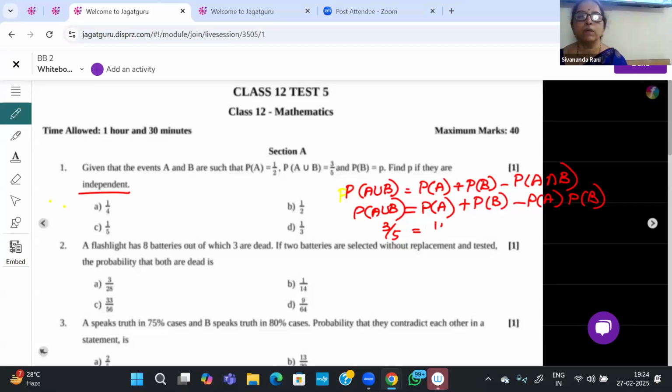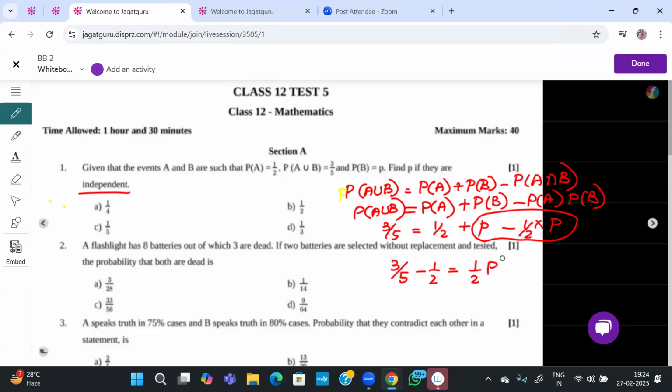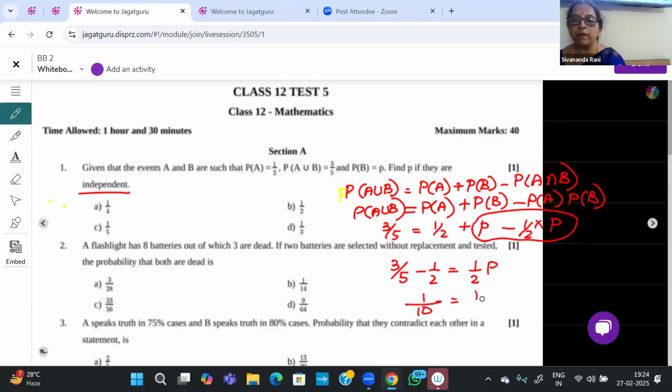So half plus P minus half into P. Let me bring half to this side. What is P minus half P? From one chocolate, I've taken half the chocolate. So that is 1 by 5. Take 10 as LCM, cross multiply: 6 minus 5 is 1 by 10.